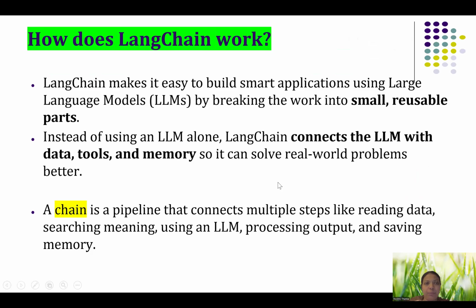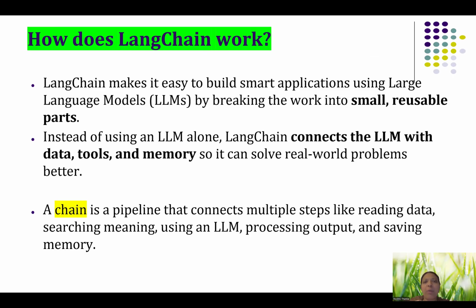So we know that LangChain helps us build smart applications using an LLM. The LLM acts like a brain, but in our body, if we have only a brain, it won't be that helpful. To help the brain, we want hands, legs, a mouth, eyes, and everything. Similarly, for LLMs we need other components also.